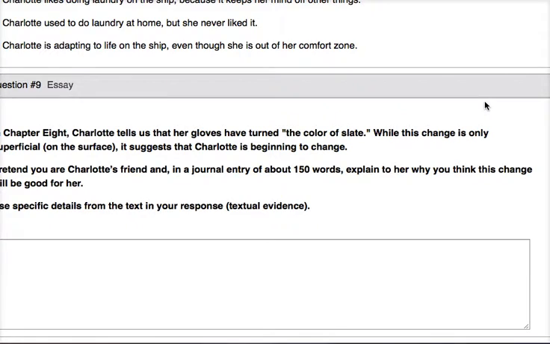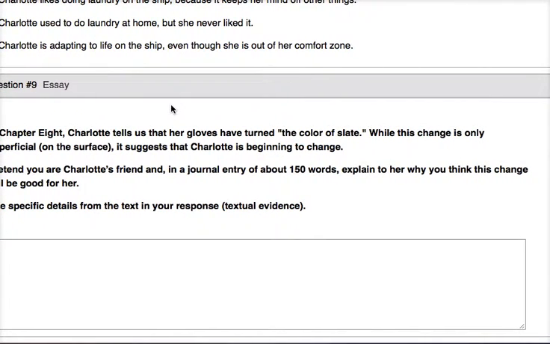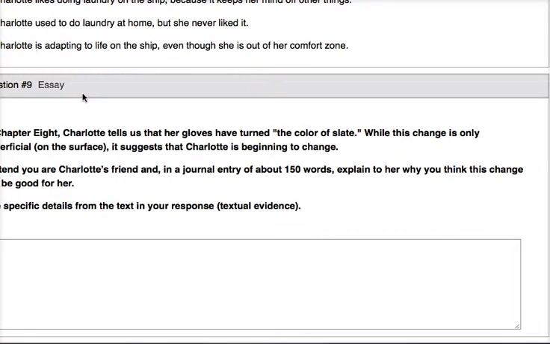You're not going to be able to see all of this on this video, but you can see it all in your lesson. So it just says in Chapter 8, Charlotte tells us that her gloves have turned the color of slate. So think about the color of slate: it's like a dark gray. So while this change is only superficial, or on the surface, it suggests that Charlotte is beginning to change.